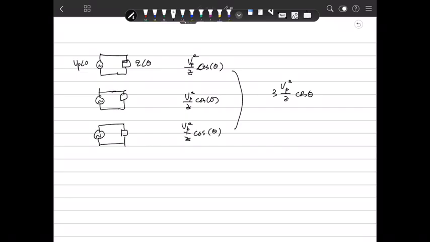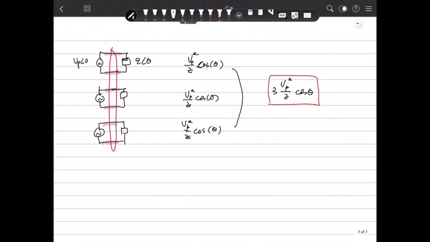And to transfer the power, how many wires do we need? 1, 2, 3, 4, 5, 6. Through 6 wires, we transfer this amount of power.